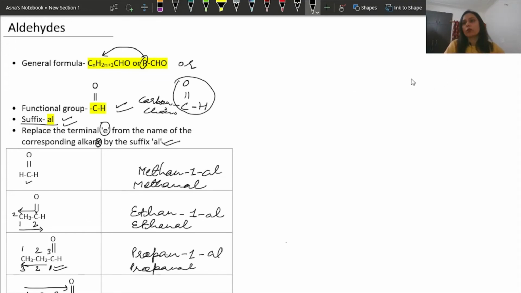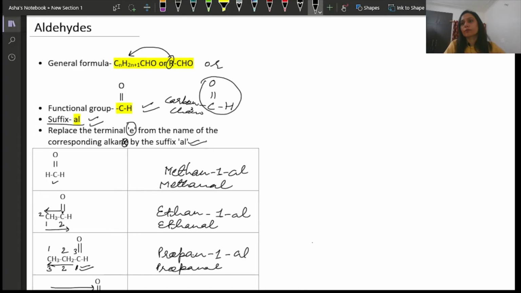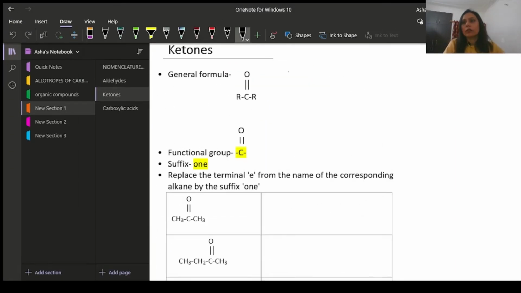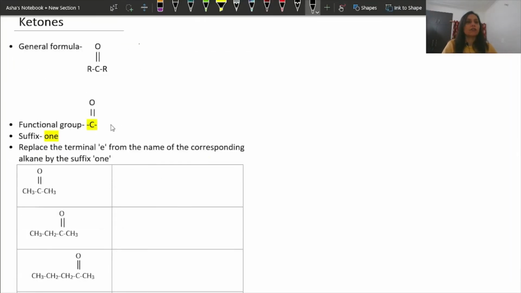Now let us go to our next functional group, which is ketone. It is very easy to identify a ketone because a ketone is always present in the center of the chain, or in between carbon atoms.